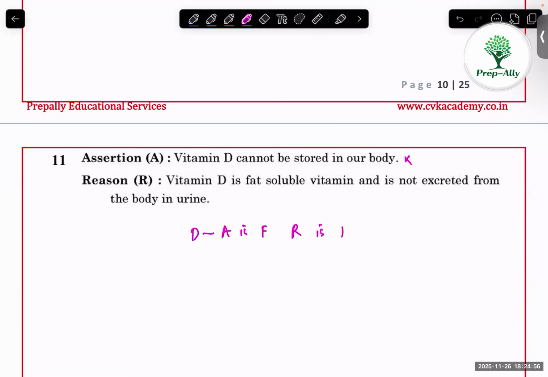The reason is true. Vitamin D is a fat soluble vitamin and is not excreted from the body in the urine. That is correct only. So if the question is vitamin D can be stored in our body because vitamin D is a fat soluble vitamin and is not excreted from the body in the urine, if they have given can instead of cannot, then the answer for this question will be option A. But here, since assertion is false, our answer will be option D.